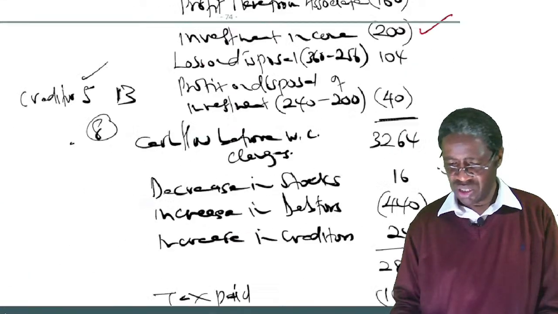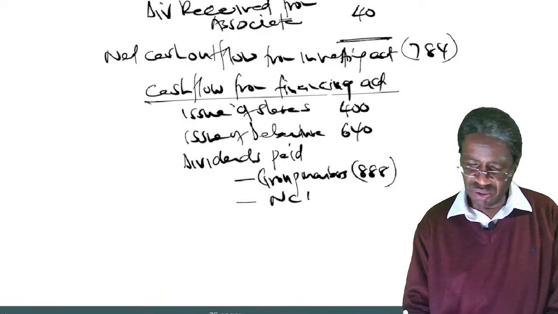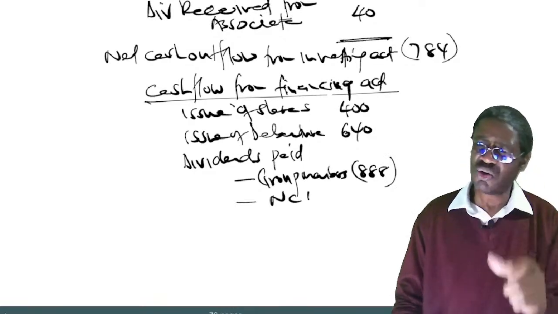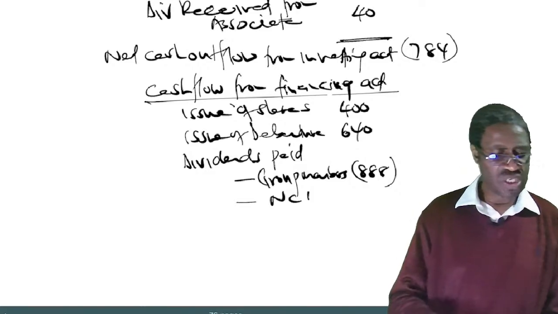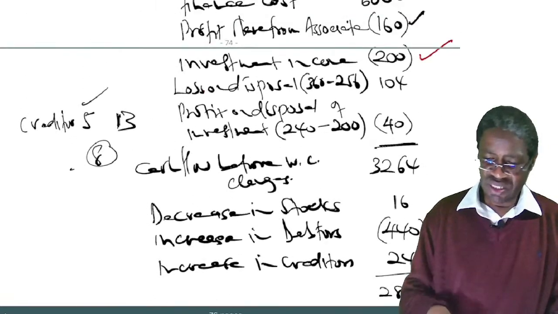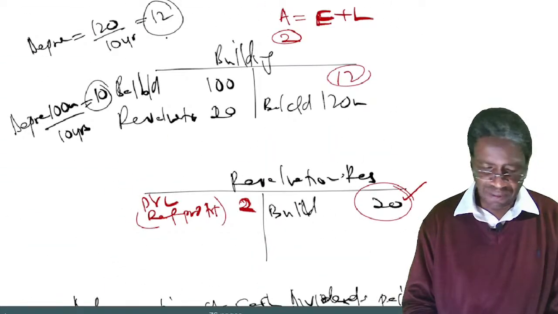Let's use it. That's what we paid to the group members, 888 million, you minus. Then you go find out, what about to the non-controlling shareholders? Good. Listen, we prepared the account called non-controlling interest.